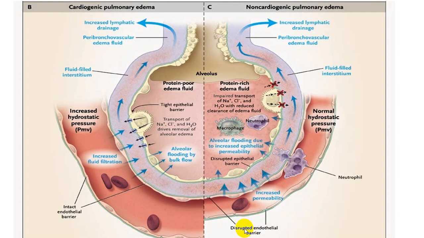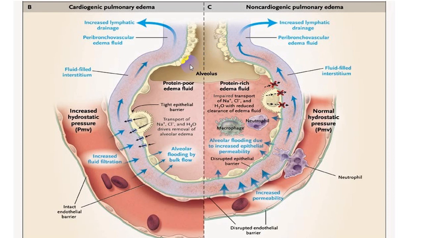The difference is that it has a disrupted or reduced endothelial barrier, so permeability is increased, so many molecules such as white blood cells, neutrophils, can move from the capillary to the interstitium, and the alveoli flood due to increased epithelial permeability.